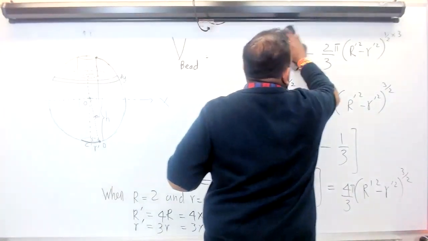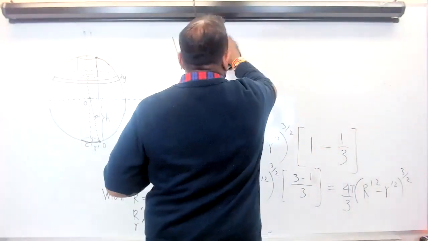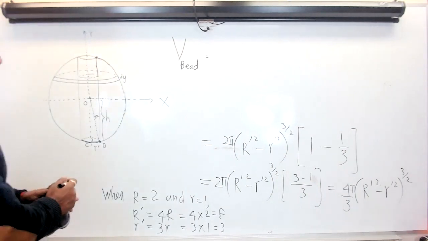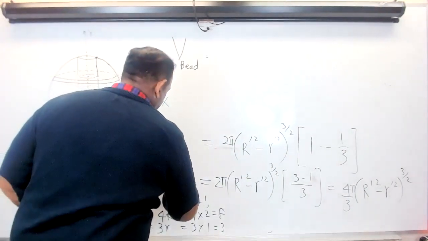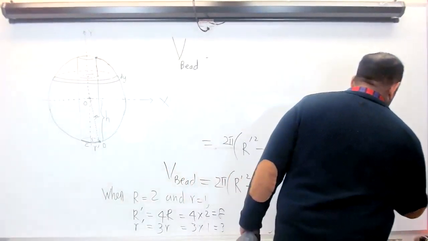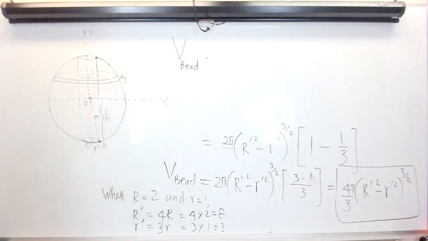And for me, this value is the final answer. That's the algebraic answer. If you need the numerical answer, capital R equals 2 means R prime equals 8.